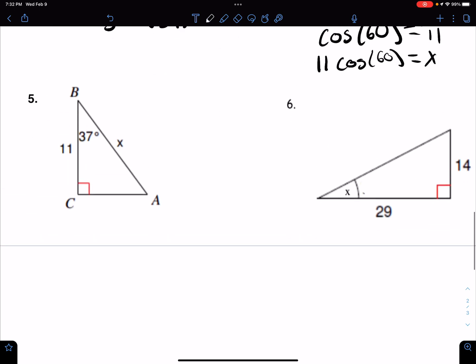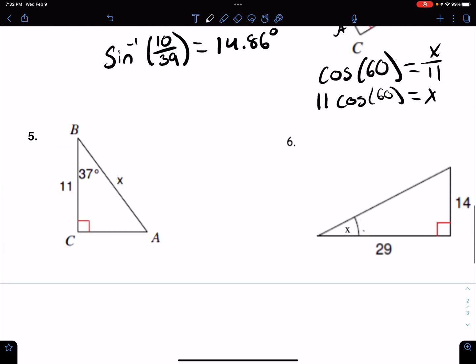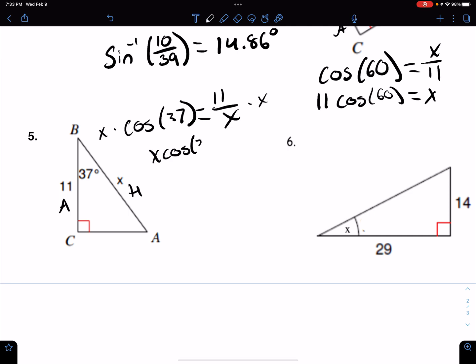Okay. Moving on. So my x is again on the outside. I have my reference point here. So I say, oh, I have my adjacent side again, and I have my hypotenuse. So that tells me I'll use cosine. So the cosine of 37 degrees is equal to my adjacent side over my hypotenuse. In this case, I multiply both sides by x, so I get x cosine of 37 is equal to 11.